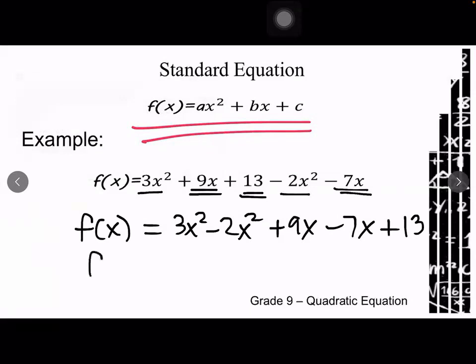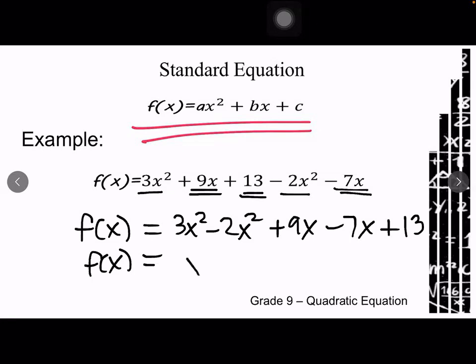Then, in the next part, we need to simplify them, or we need to apply the process of addition and subtraction kung kanino man or kung ano man yung appropriate operation in our given expressions. So in here, we have 3x squared minus 2x squared, so we just need to subtract them.